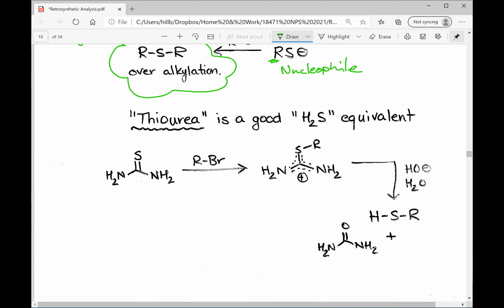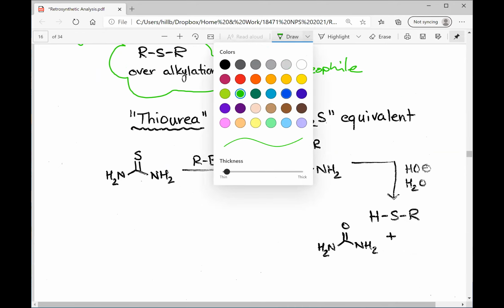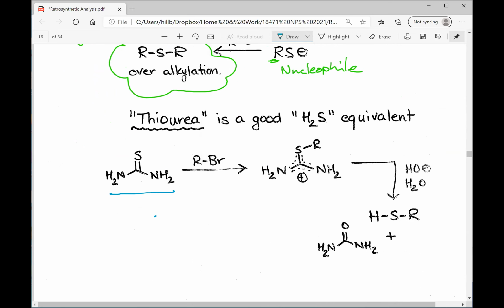Thiourea is this structure here, and it has the benefit, if you think of resonance structures, that there is a lot of electron density associated with the sulfur, because both nitrogen atoms can donate electron density, and so through resonance, there's tons of electron density on the sulfur. The sulfur is what we call polarizable, which makes it a really good nucleophile.